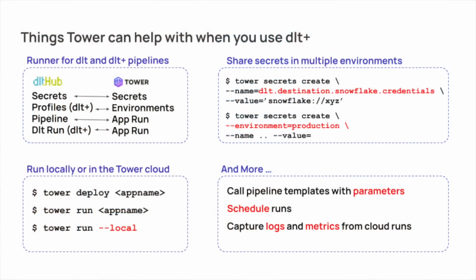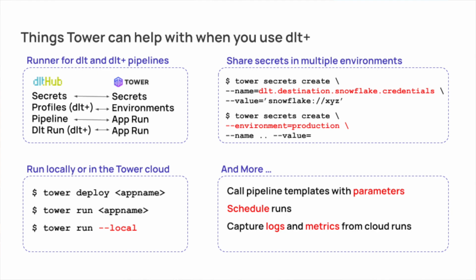We integrate on the profiles level. DLT Plus has profiles, we have environments. Secrets get synchronized between different members of your team as well as the production and the development environment. You can also override secrets and use different credentials for production. You can run DLT locally and remotely using Tower.